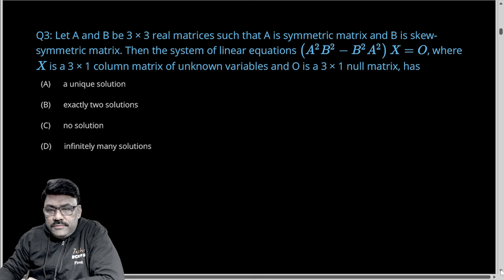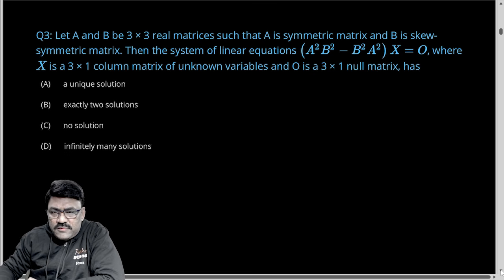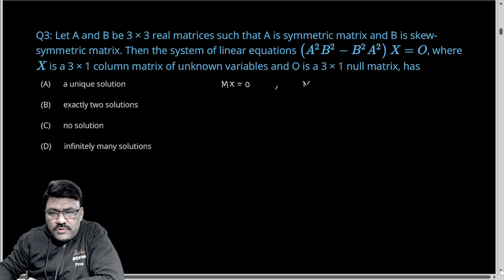So what you can do here, I can write this system of equations as MX is equal to 0, where M is A square B square minus B square A square.